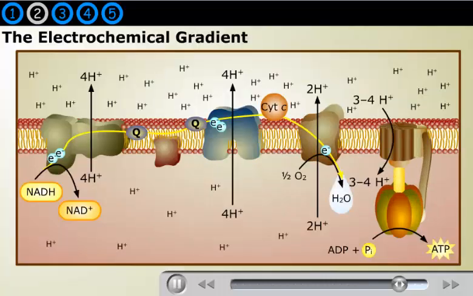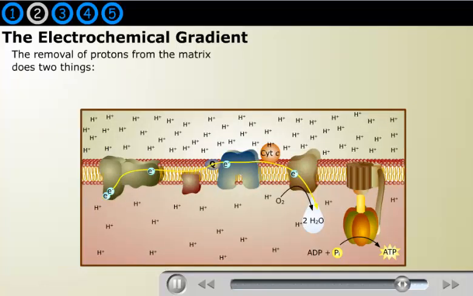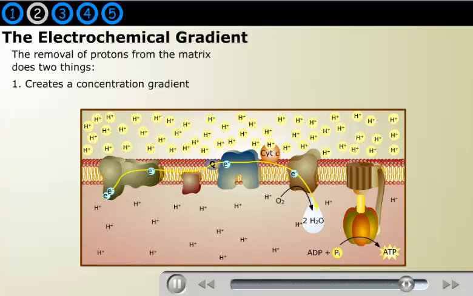In the absence of such inhibitors, the flow of electrons is coupled to the transport of protons out of the matrix. The removal of protons from the mitochondrial matrix does two things. It creates a concentration gradient across the inner membrane as the concentration of protons outside the matrix exceeds the concentration inside.